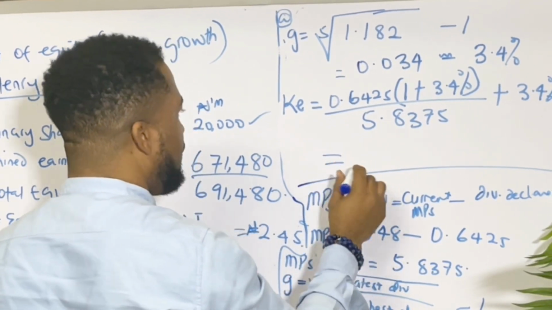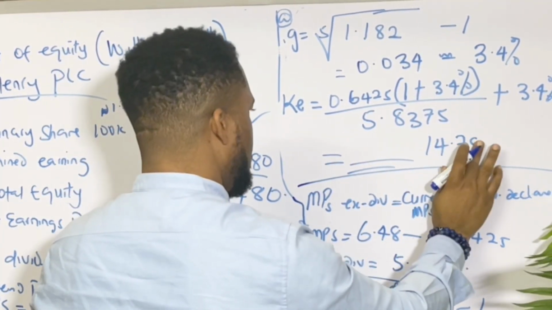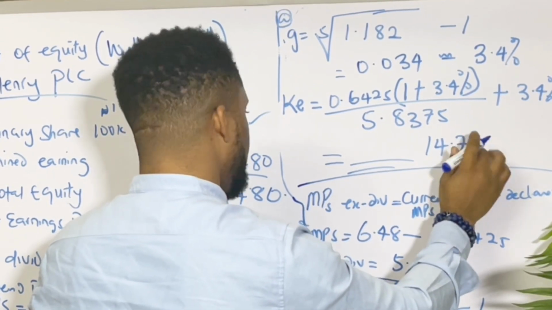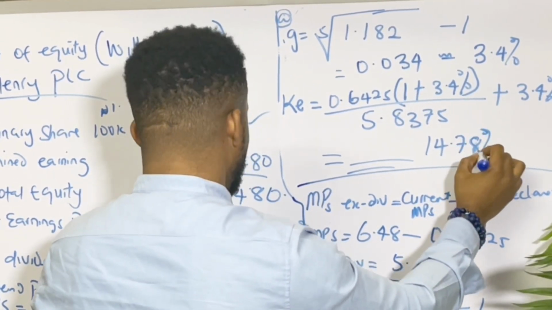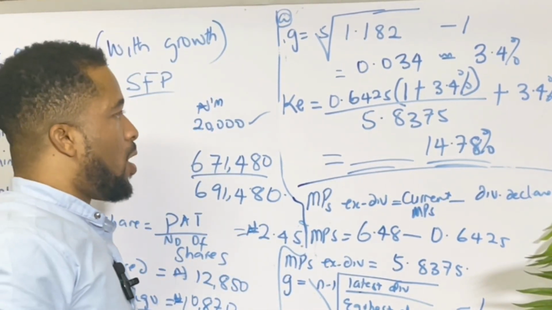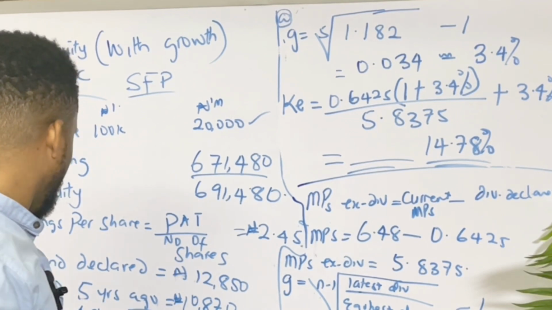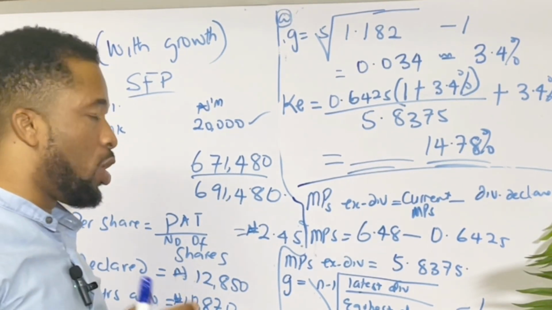If you do this effectively, that's 14.78%. So that's that for this A part using the historical method. The next one is to now use Gordon's model.